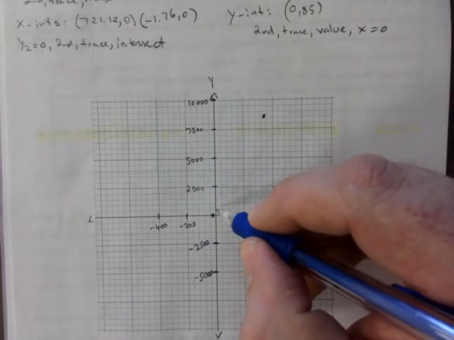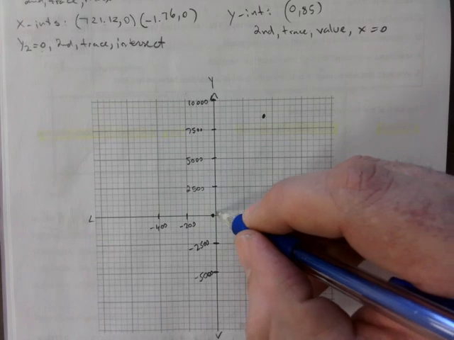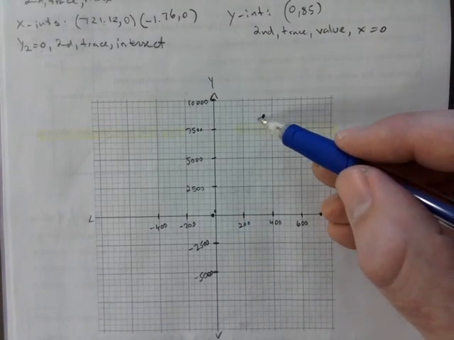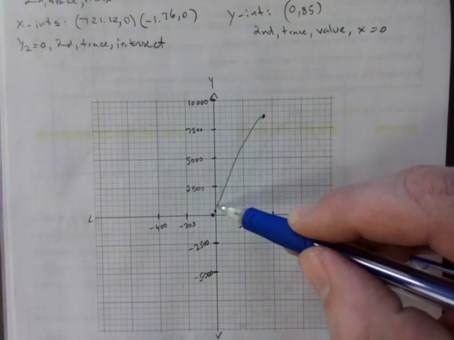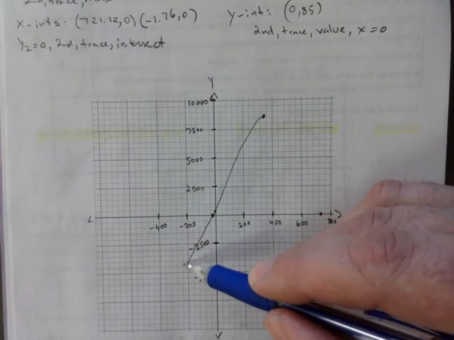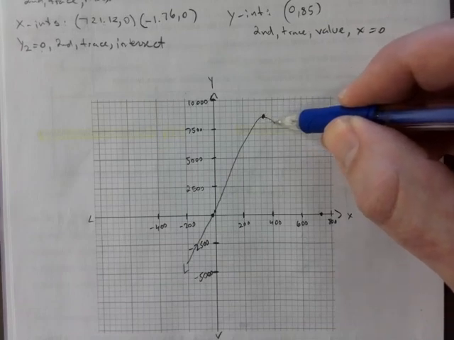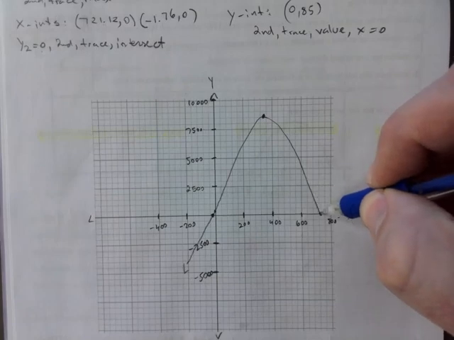Let's do the y-intercept. That is going to be really hard to plot correctly, but it's very close to the origin here. Just go out and over through those and make sure you keep extending out. You don't want a V at the vertex.